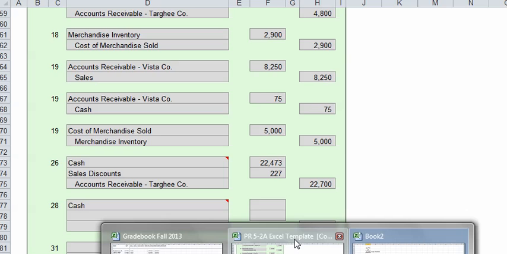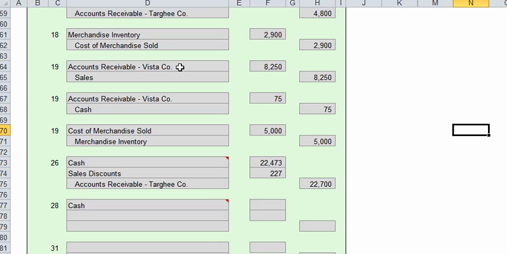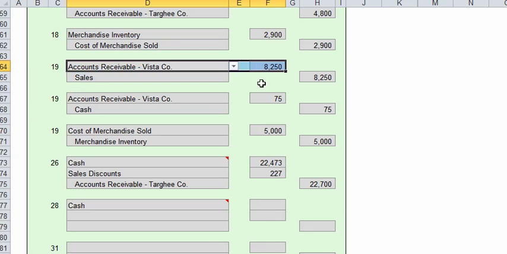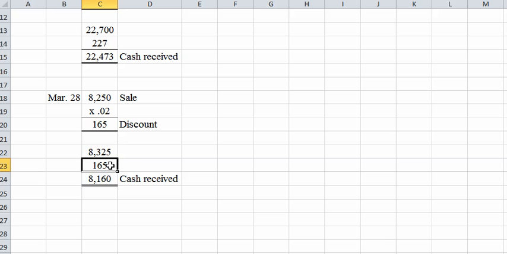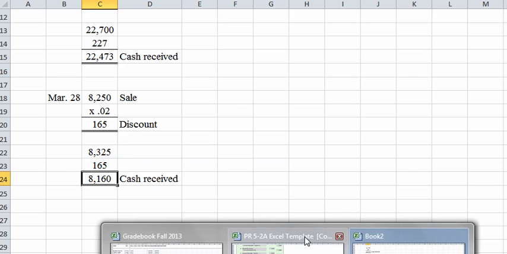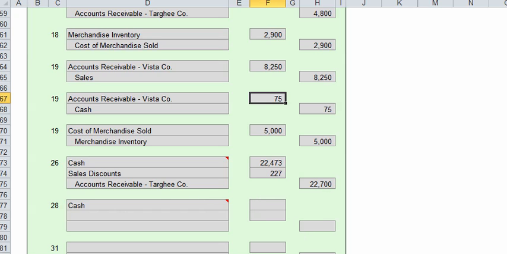Well, if you look back over here, the total owed to us by Vista Company is the $82.50 plus the $75. So that's $157.50, minus the discount gets us cash received of $155.85. Sorry for that.